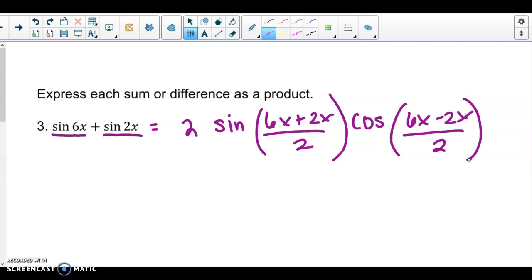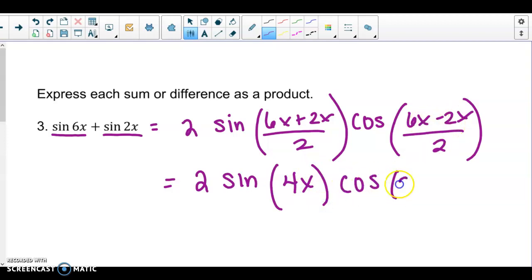Whew, good thing you don't have to remember all these, right? You just got to be able to look at them, plug your information in, and then simplify them. So that would be 6x plus 2x is 8x divided by 2 would be 4x. And then cosine, that would be 4 divided by 2. That one would be 2x.